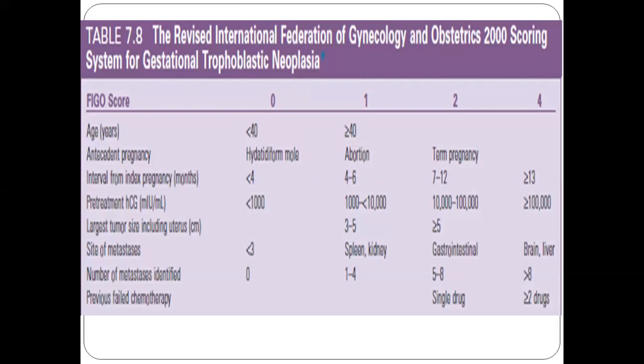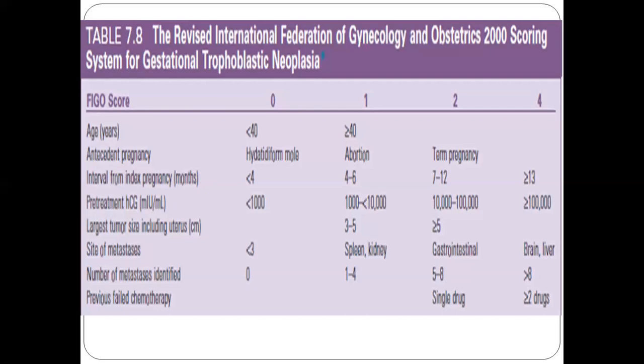And then the interval from the antecedent pregnancy, whether it's 4 months, 6 months, or above 6 months, then you score as per the duration. Then you have the pre-treatment beta HCG levels. So you should be able to have a quantitative beta HCG, because this is important, it's used in scoring.